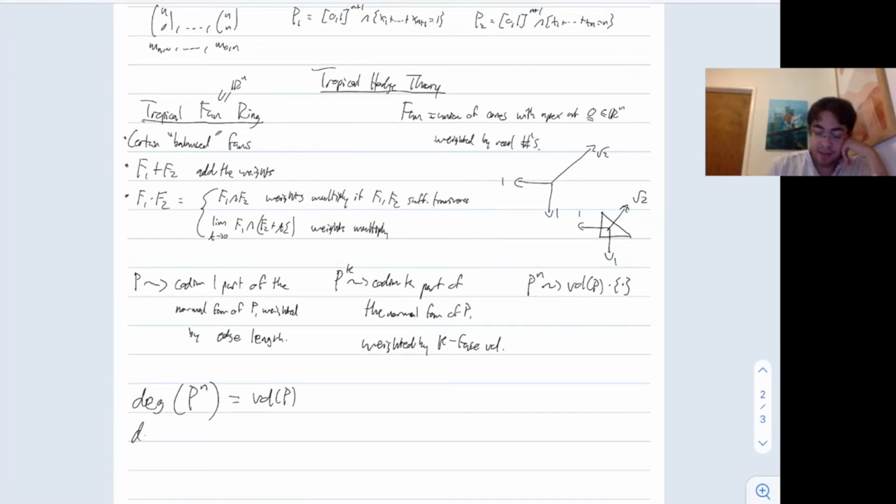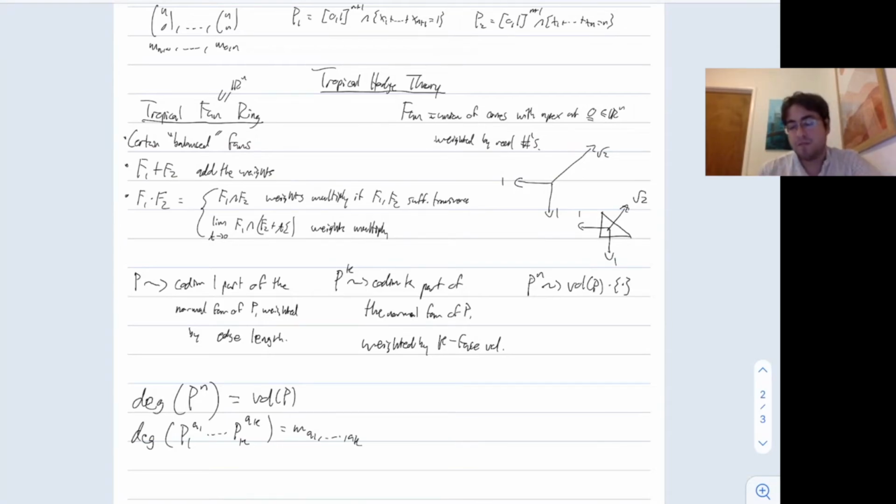In particular, one consequence of this is that, from this result and how all these things were defined, you can formally show that this degree is equal to the mixed volume with these multiplicities of the corresponding polytopes.